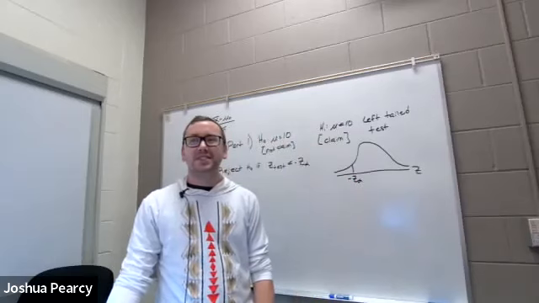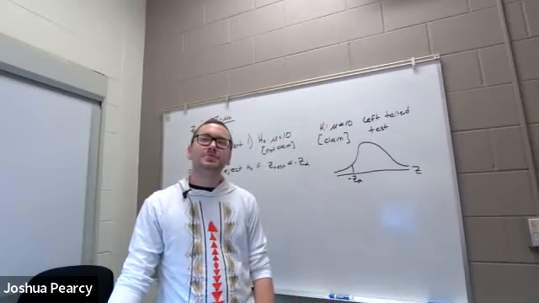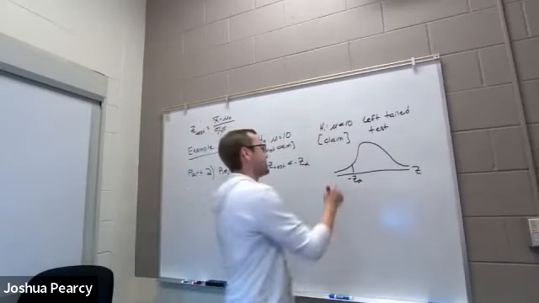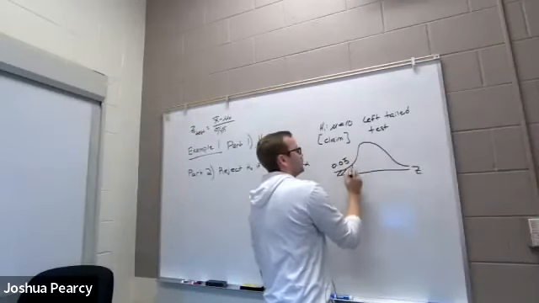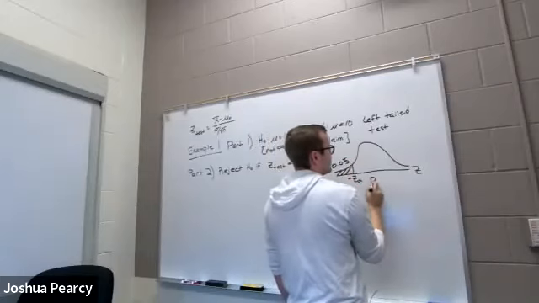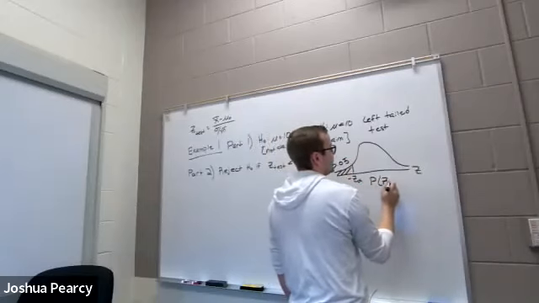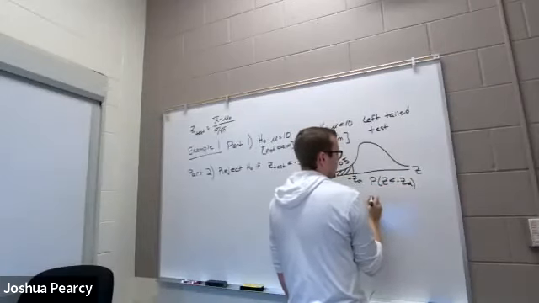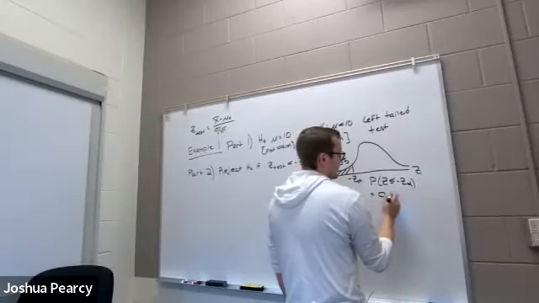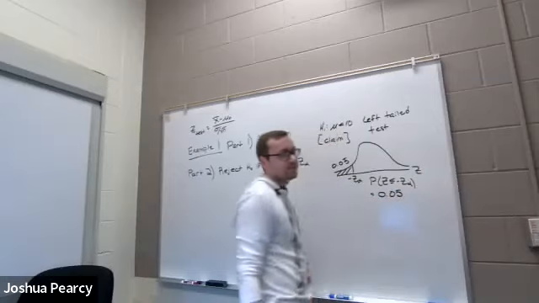And the area to the left of that is what? Yeah, alpha, 0.05. Then all you want to do is look up a z-score such that the probability of z being less than or equal to negative z alpha is equal to 0.05.